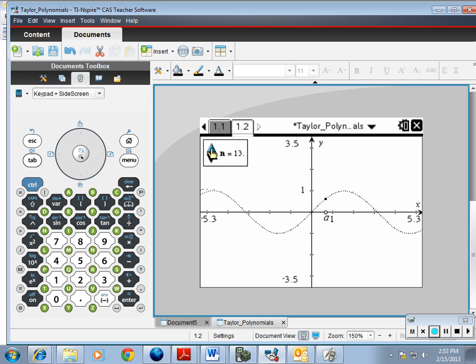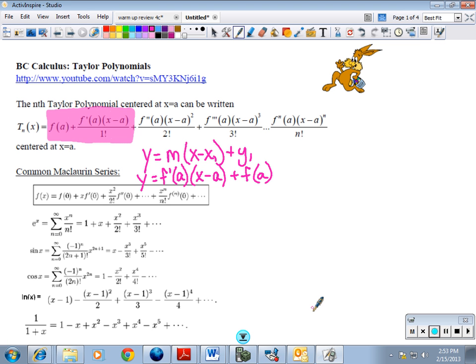The farther out that I go with my Taylor polynomial, the more closely it models my curve, to where at this point it's almost matching the entire curve that I have in this particular window. Now if I zoom out, obviously it's not going to match it as far. And what happens is the more terms you get, the tighter the interval of convergence is. In other words, it converges onto the curve.